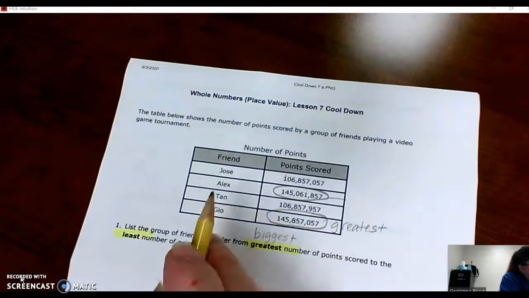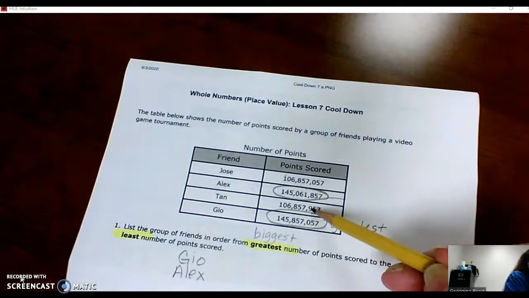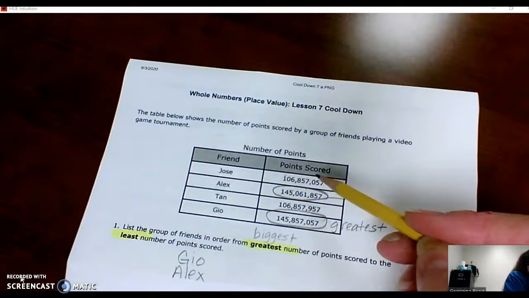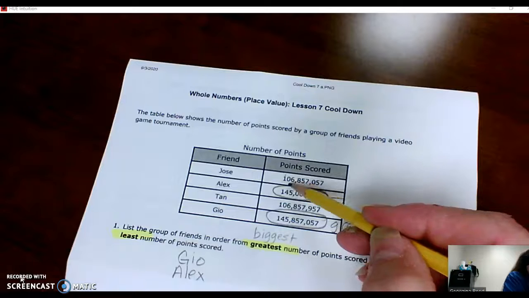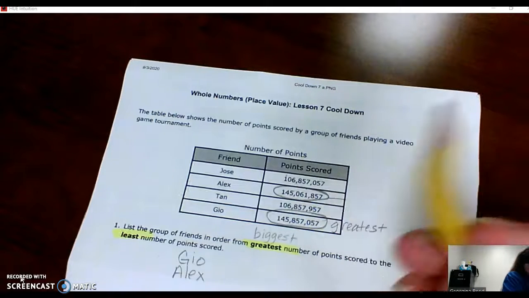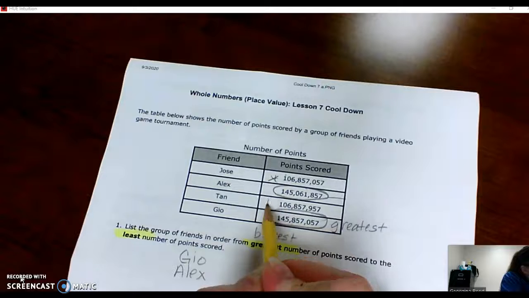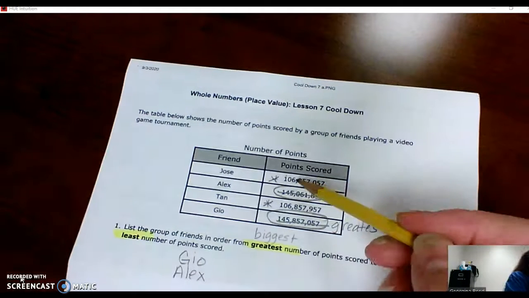So then that would be Alex. Now I have to see which one of these is the biggest out of these two. So I look at the number. I've already looked at the ones. I've looked at the zeros. Now I look at the 6. These are the same. So now I'm looking at this number and this number only. I've done these two. These are the same.